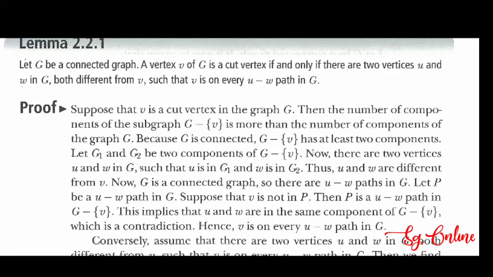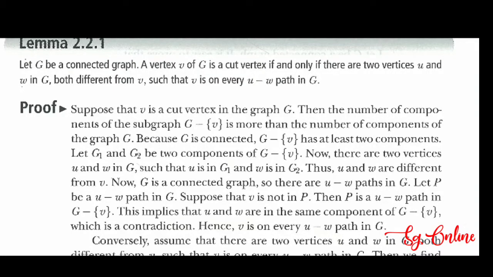Now to prove the result, first we prove the direct part. Consider that V is a cut vertex. Now if we delete the vertex, since the graph was connected, it now becomes disconnected, because the graph had one component as a connected graph. By the definition of cut vertex, it now has more than one component.